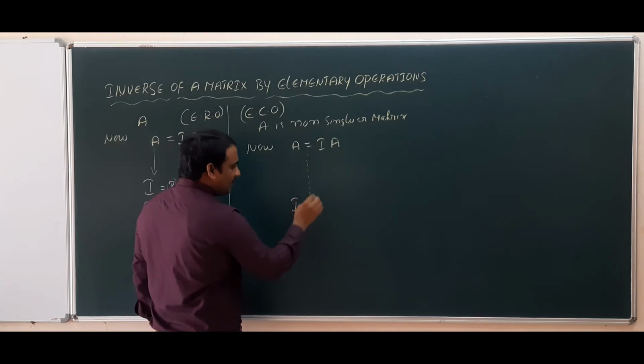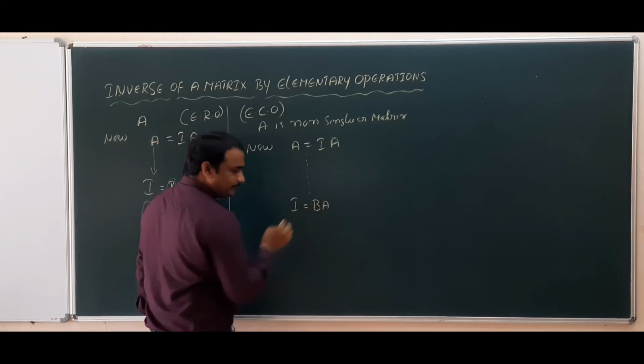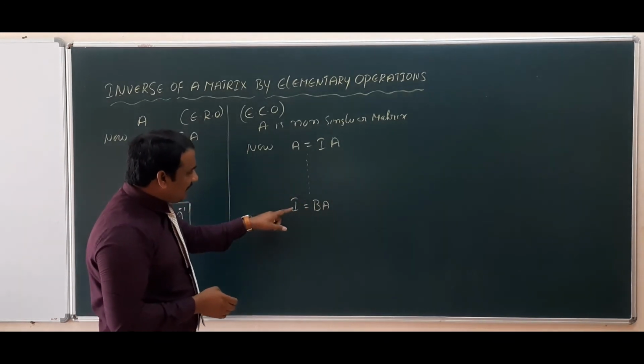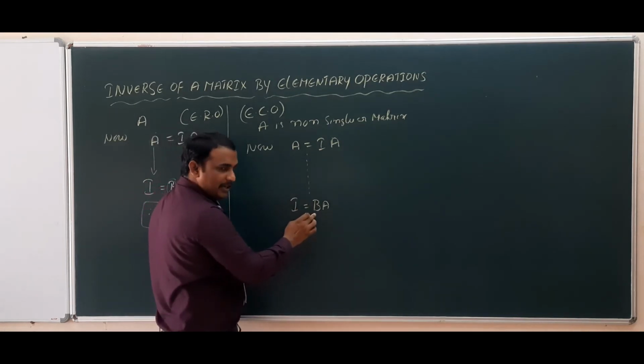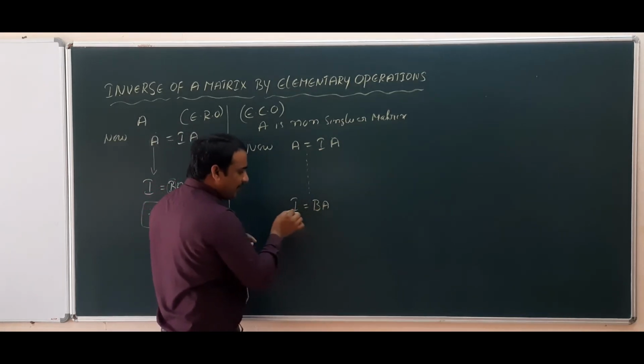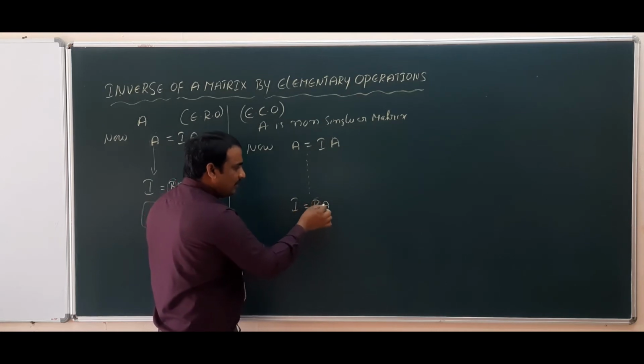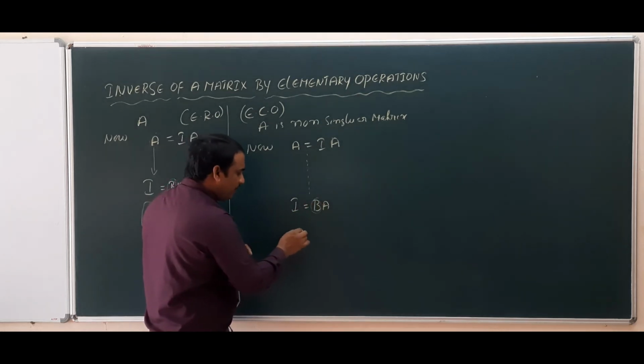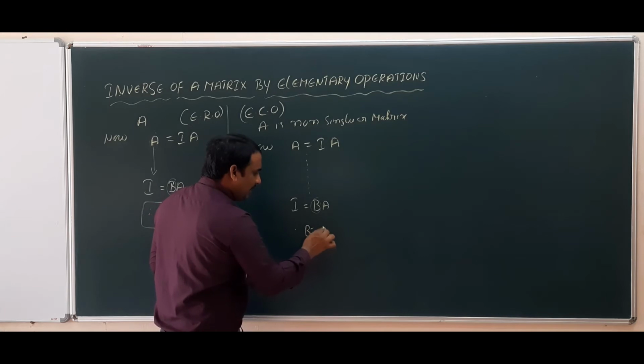The right side I becomes the BA matrix. When the left side becomes I, the right side becomes the B matrix. When the product BA gives I, B is called the inverse of A matrix. Therefore here also B equal to A inverse.